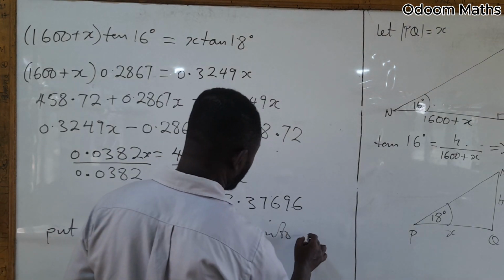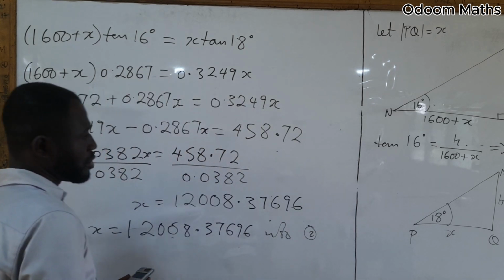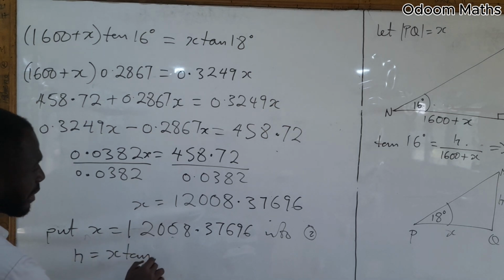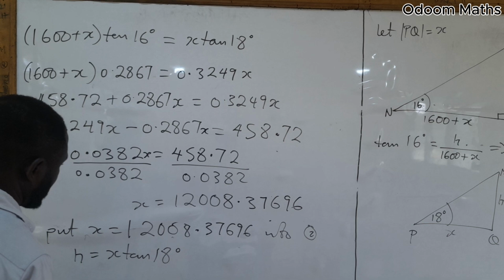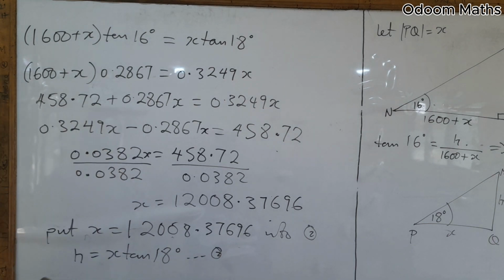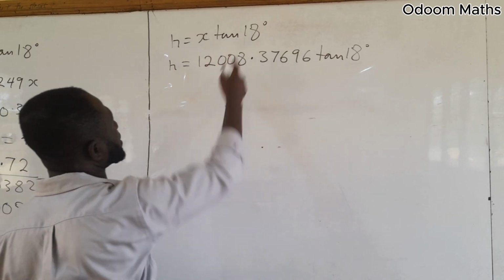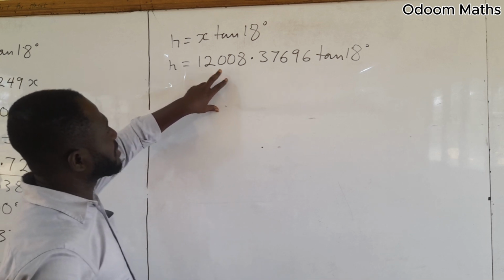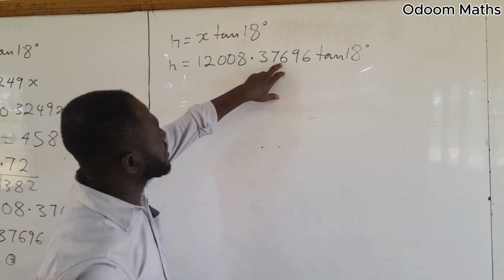So let me make it equation 2. Okay, so we are going to state equation 2. So equation 2 is h equals x tan 18 degrees. Okay, h is equal to x tan 18. So x is 12,008.37696.